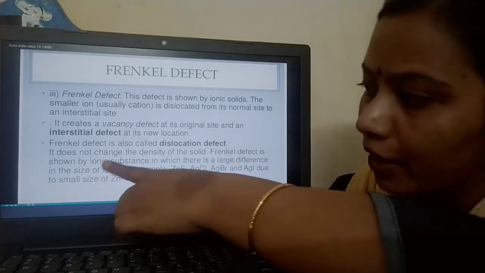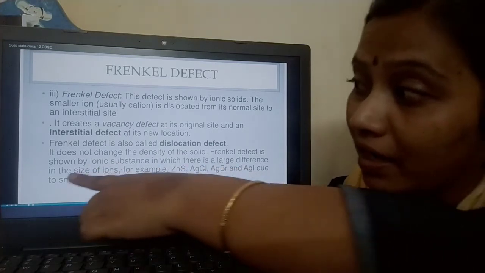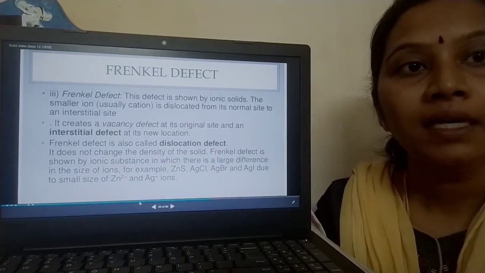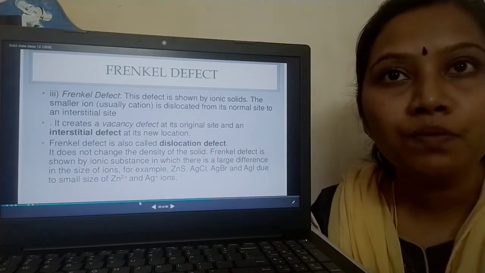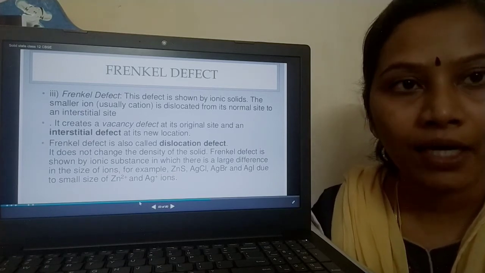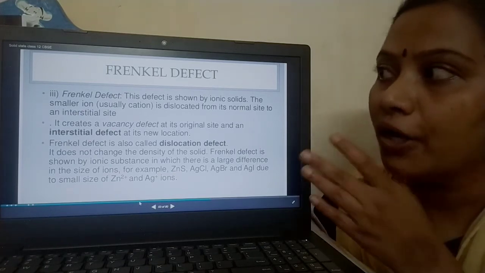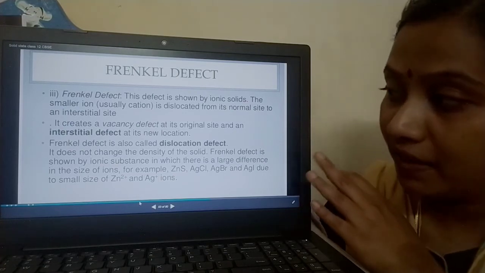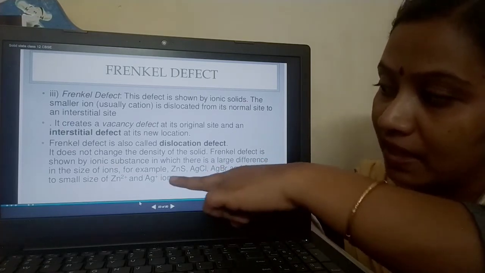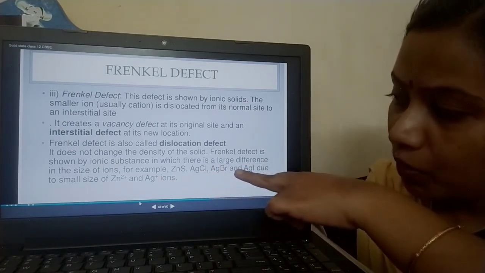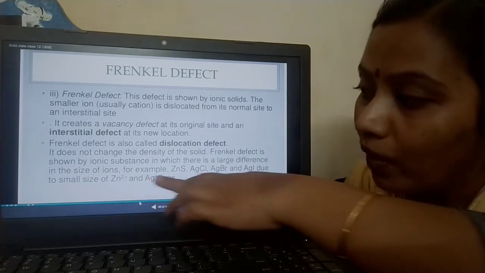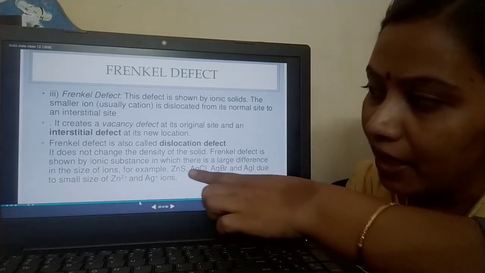Frenkel defect is shown by ionic substances in which there is a large difference in the size of the ions, especially when there is more size difference between cation and anion. Those ionic solids will exhibit Frenkel defect. What are the examples? Zinc sulfide, silver chloride, silver bromide and silver iodide. Why is there a large difference between cation and anion?